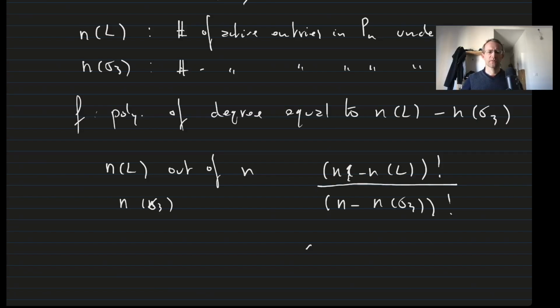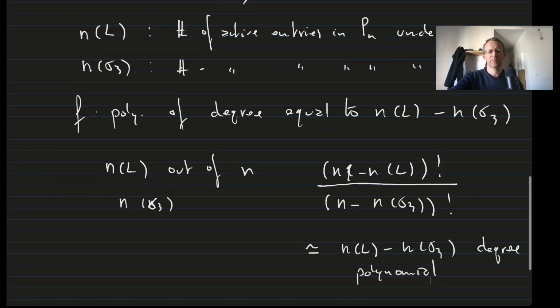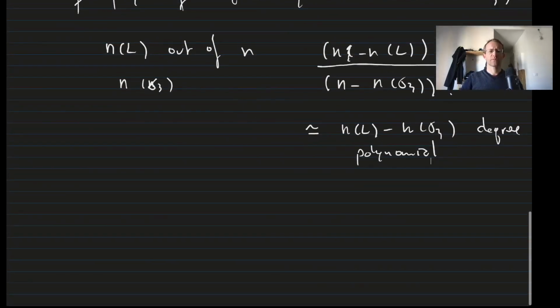Now this ratio is a polynomial of order n_L minus n_sigma3. And therefore, the structure constant is a polynomial of that degree. So the number of active colors in the pair minus the number of active colors on the right-hand side determines the degree of the polynomial.